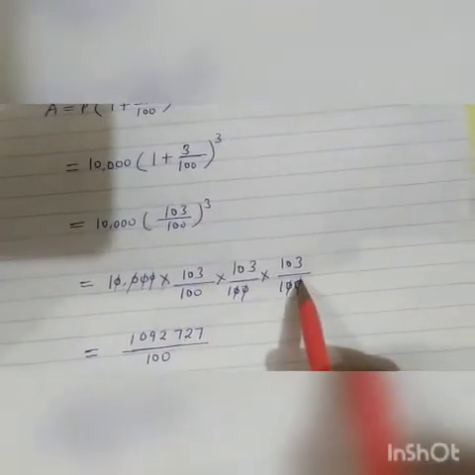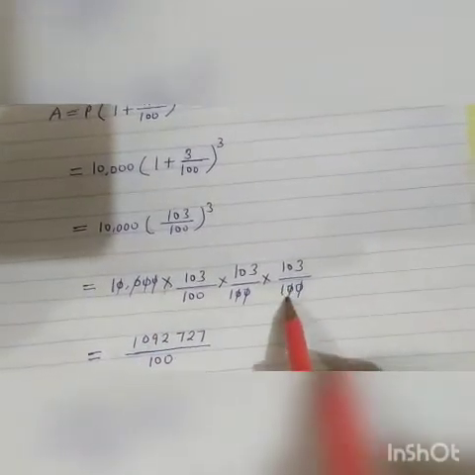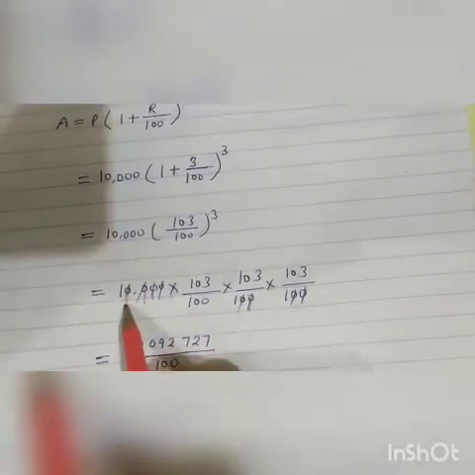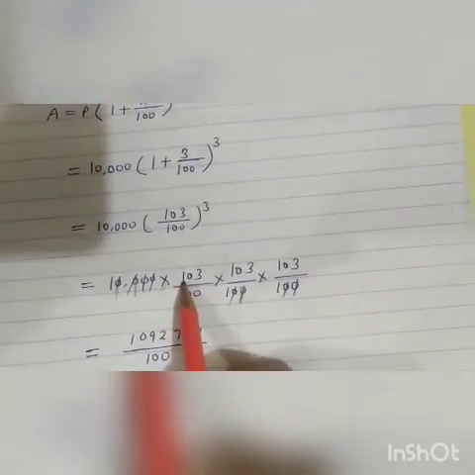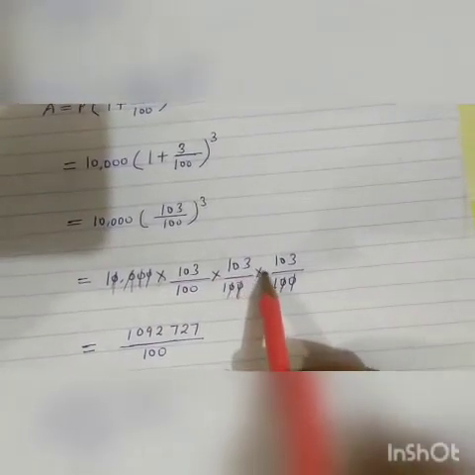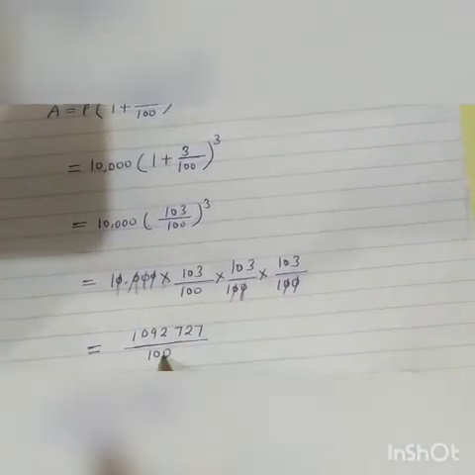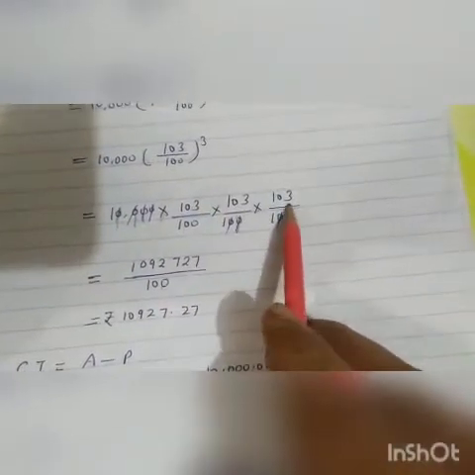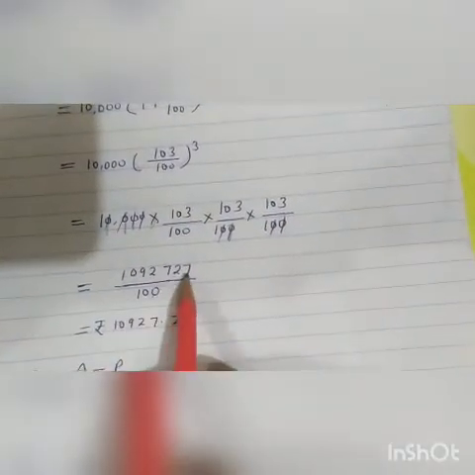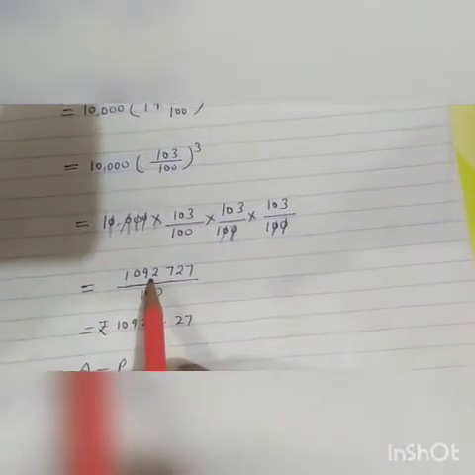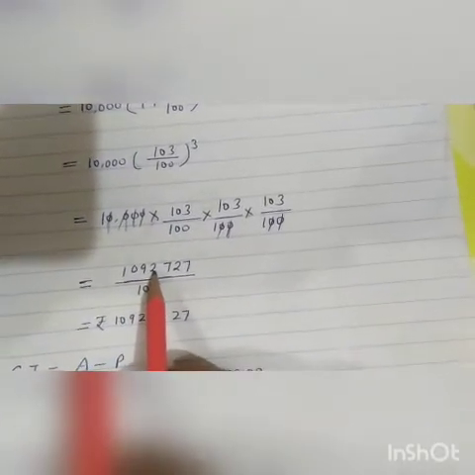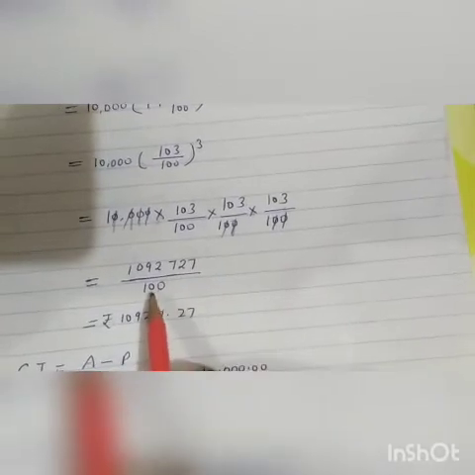Now simplify it. Zeros cancel with zeros. Now it is 103 multiplied by 103 multiplied by 103 upon 100. When we multiply 103 three times, we get 10,92,727 upon 100.